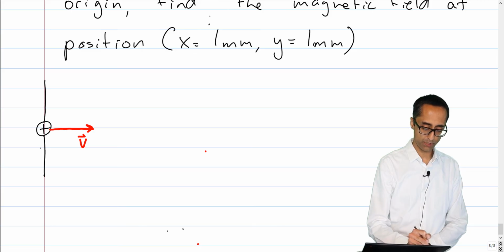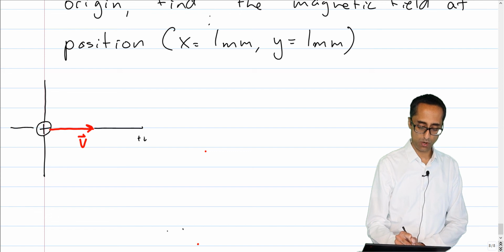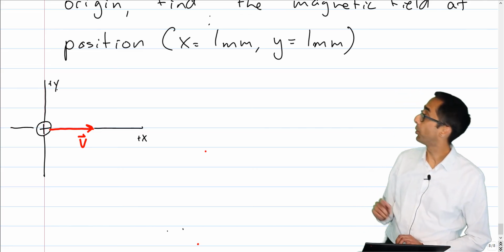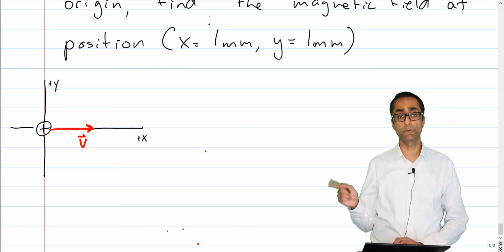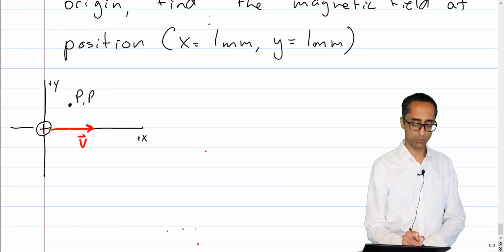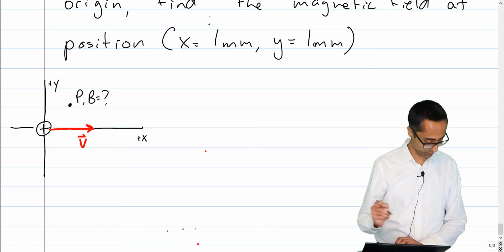Let's put our charge right at the origin of our xy axes to help us get an idea of what's happening. Now the point that we're looking at to find the magnetic field is x equals 1 millimeter, y equals 1 millimeter. So we'll put it about here. Call that P, and we're looking for B at that point.